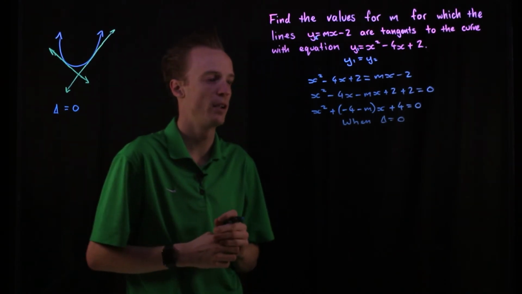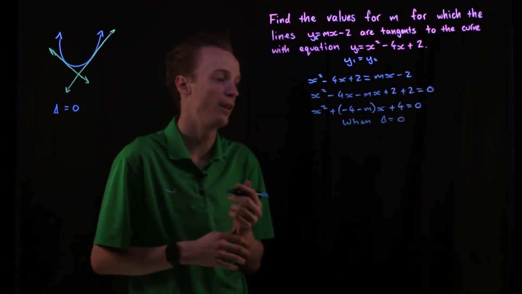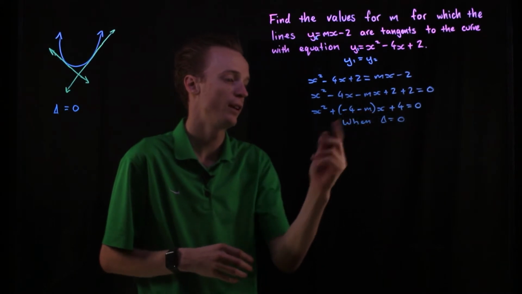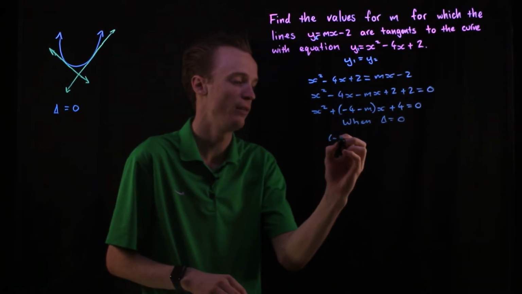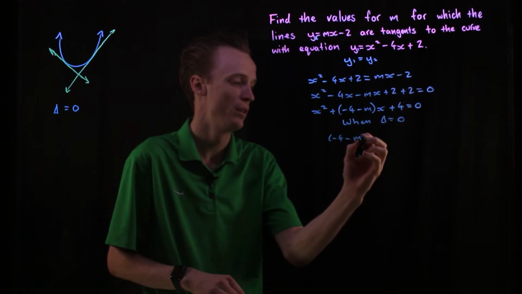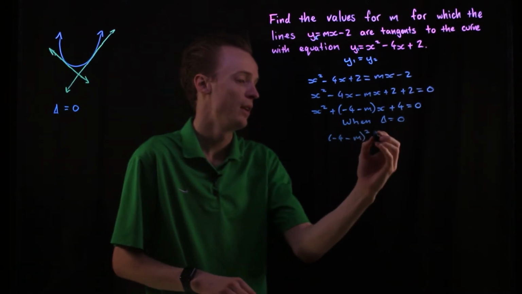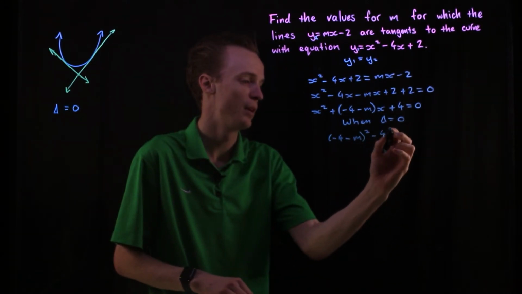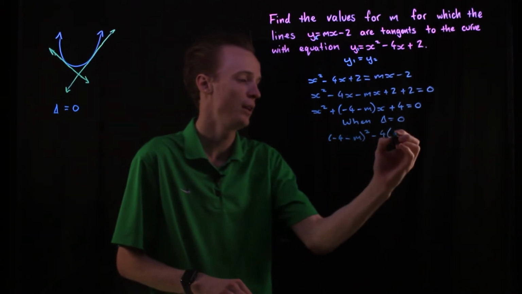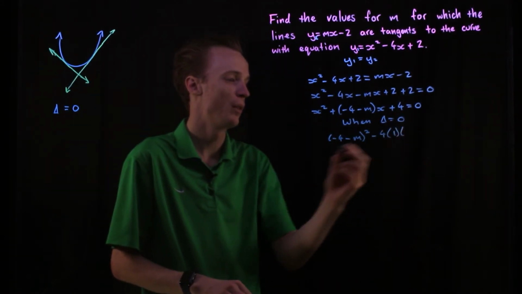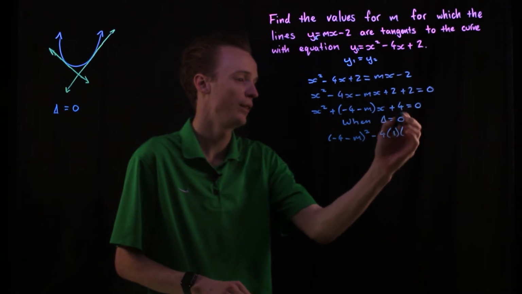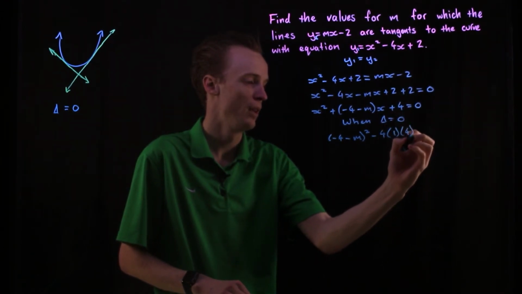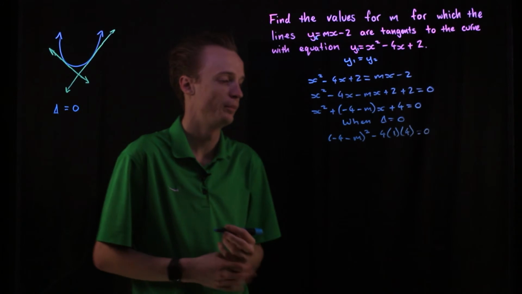Now, discriminant is found by going b squared minus 4ac. So our b is the coefficient of x, so that'll be this negative 4 take m all squared. And then I'm going to subtract 4 times my a, which is the coefficient of x squared, of 1, multiplied by c, which is the constant of 4. And when I do that, it should equal 0.